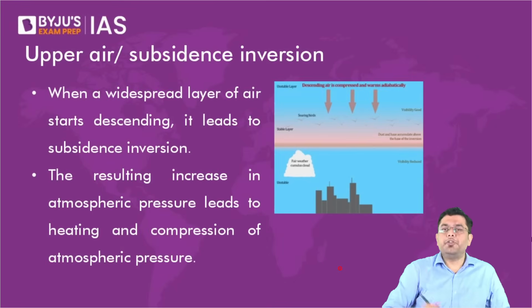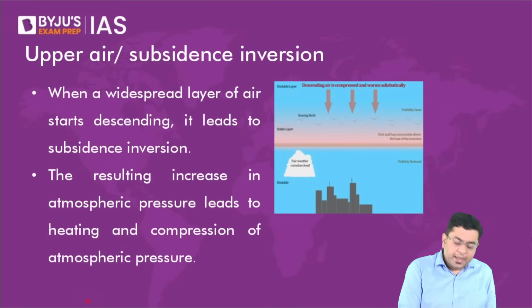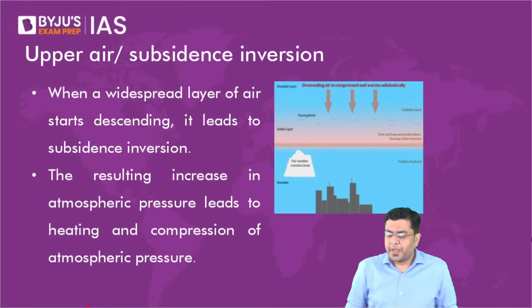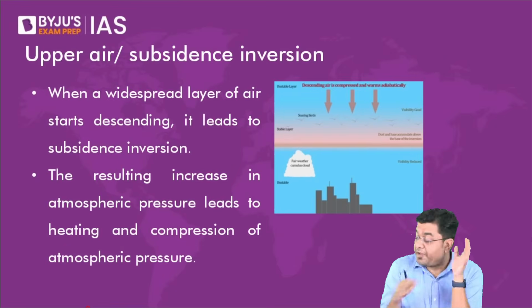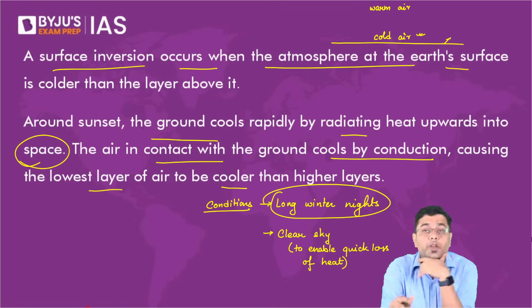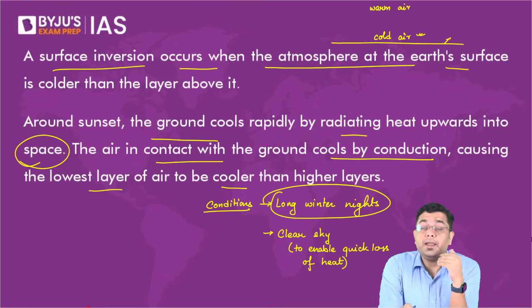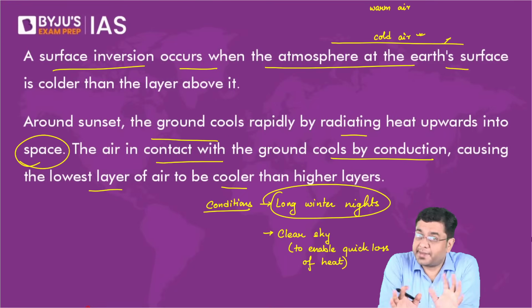Now we have another kind of inversion which is referred to as the upper air or subsidence inversion. Now this is a kind of an inversion which you don't experience in regions such as India. Surface inversion, by the way, in India, where do you experience that? In India, either you will experience this slightly in the hilly areas or in the northern areas, especially during the winter nights. In the southern part of India, you don't end up experiencing that.